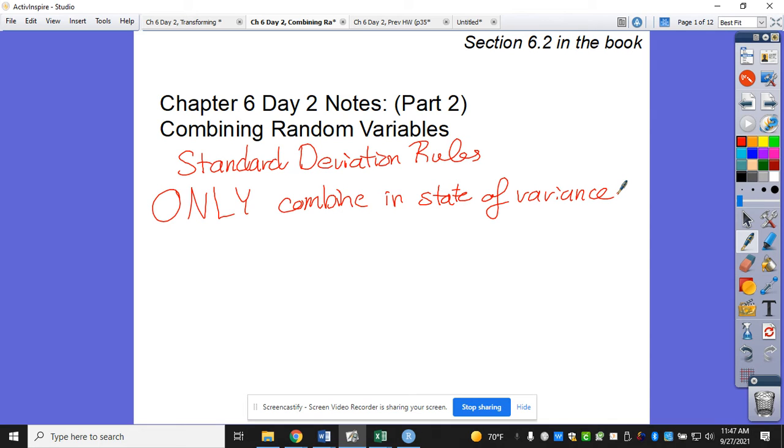Yeah, just square it or square root it, depending on which way I want to go. And then what's my other rule? Always add. And so now you can see there it says sigma squared of X plus or minus Y, but then it equals only plus because we're always going to add and we're always going to deal with combining in variances.